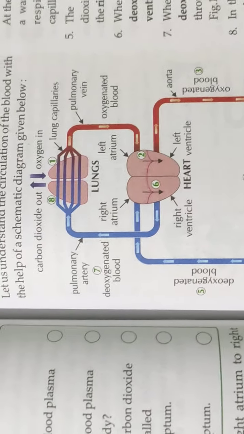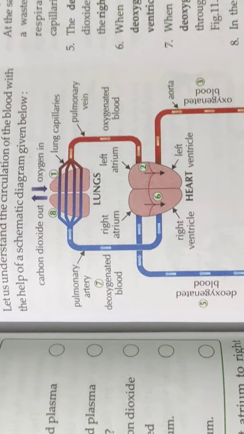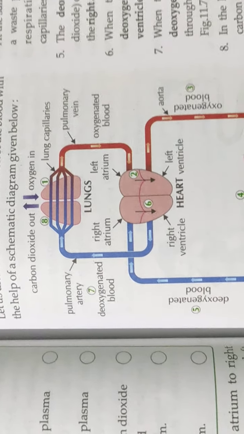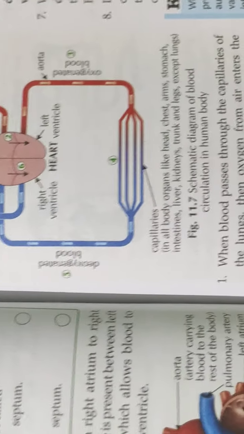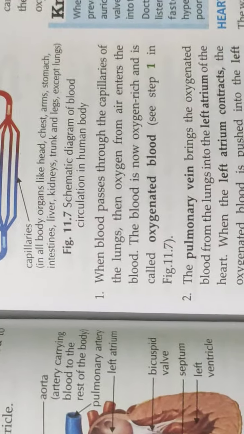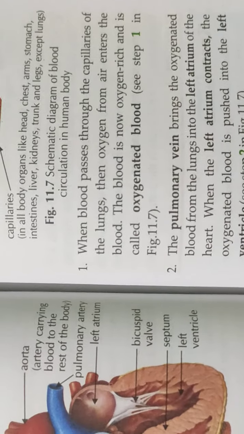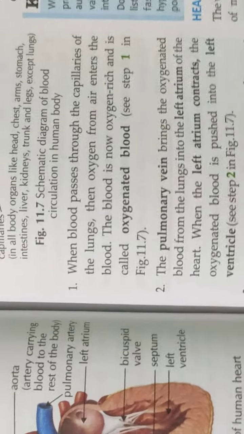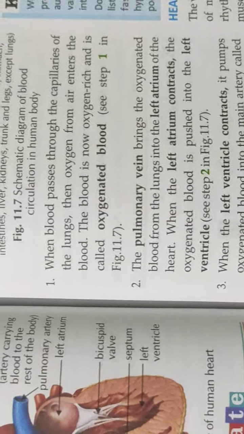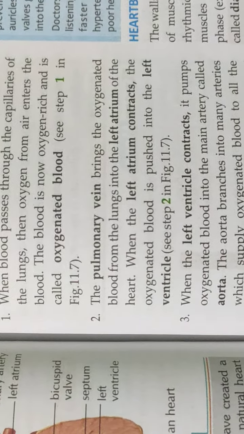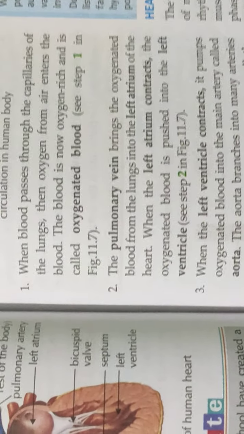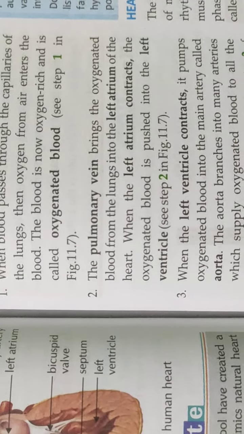When oxygenated blood from arteries passes through the capillaries of the body organs, it gives food and oxygen to the body cells, and at the same time, carbon dioxide produced as the waste product in the body cells during respiration enters the blood through capillaries.